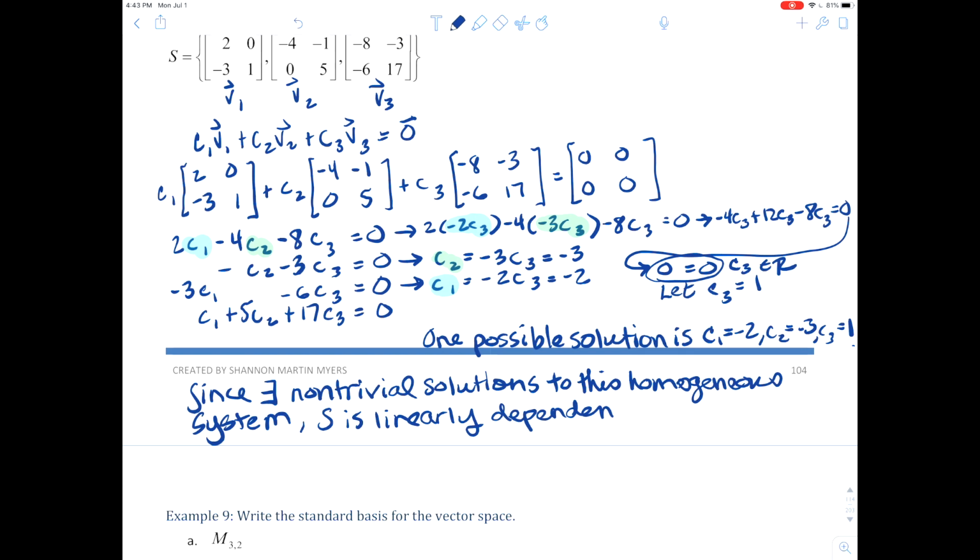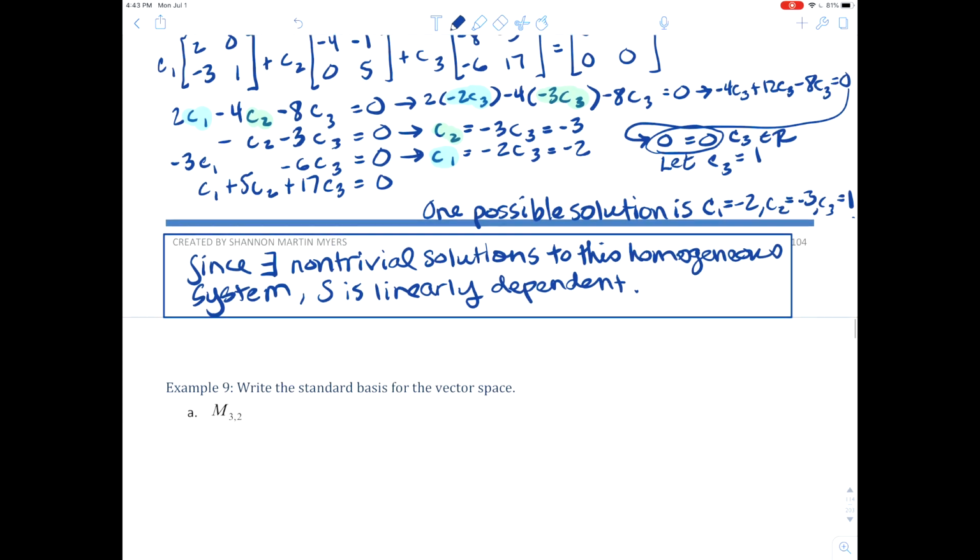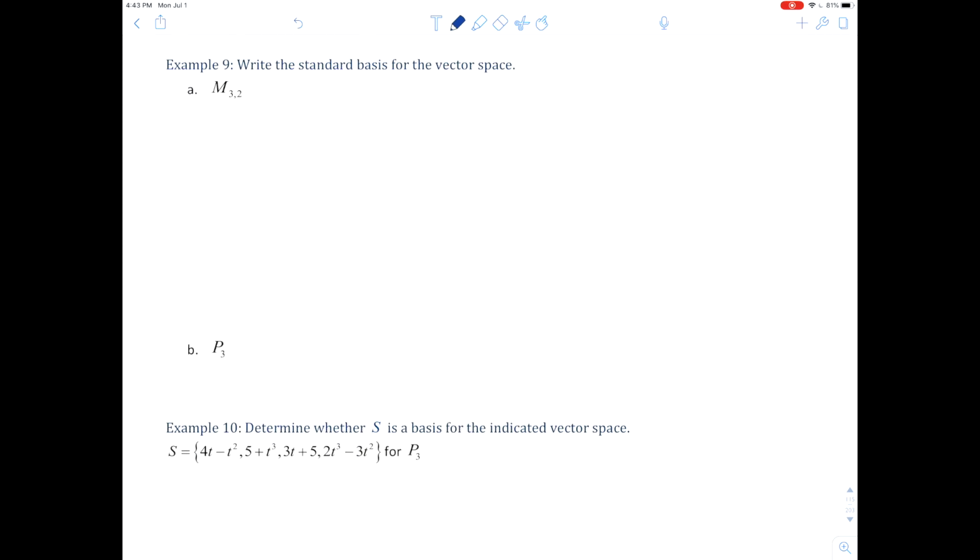All right. Okay, so for example 9, write the standard basis for the vector space.